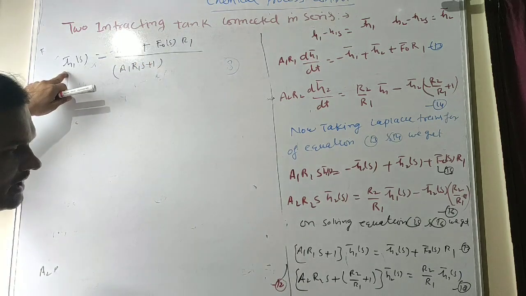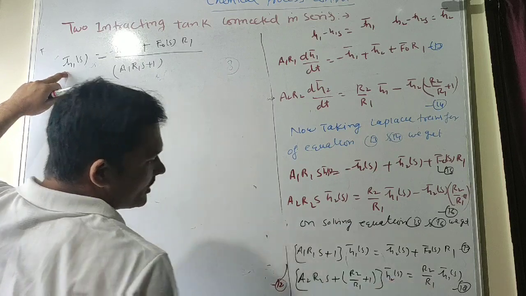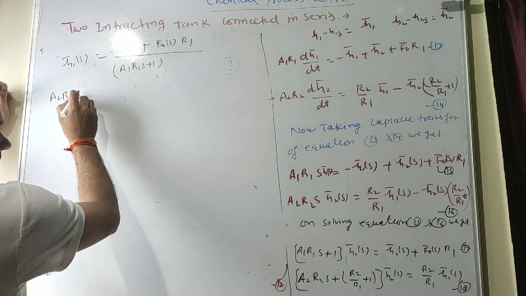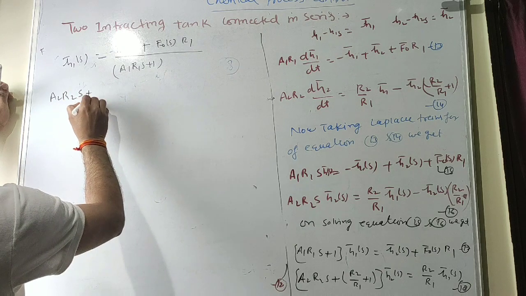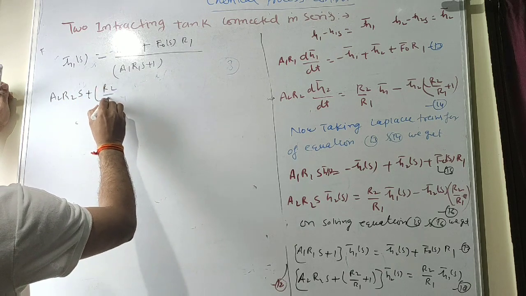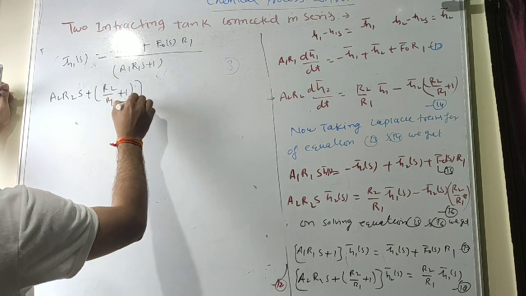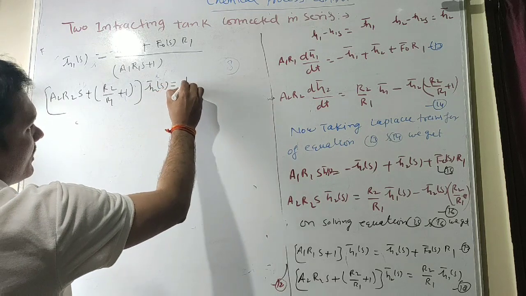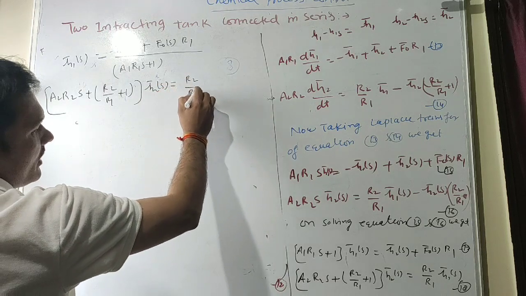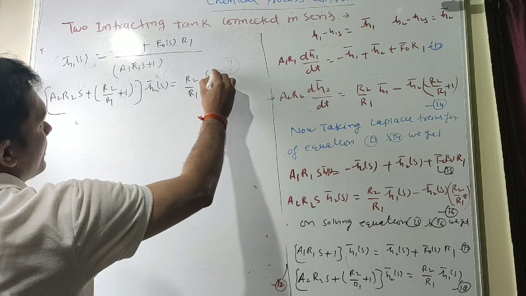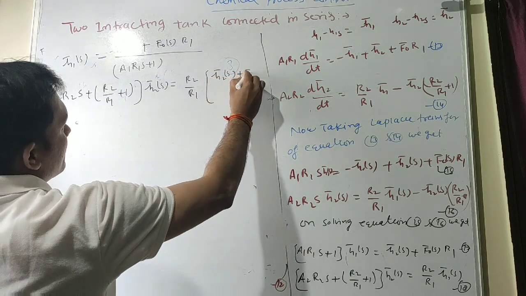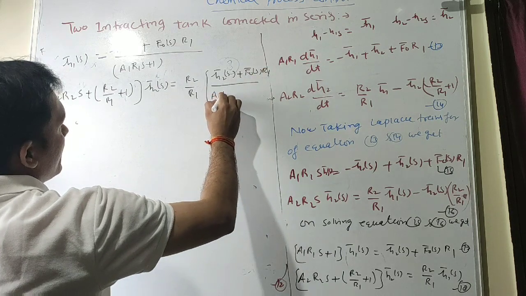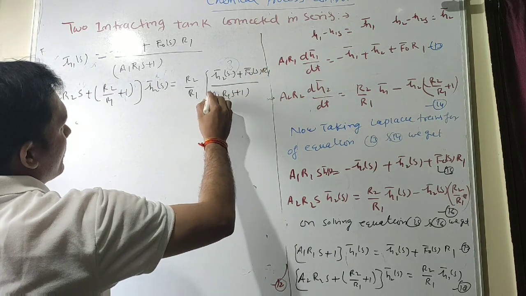So we put this h1 bar s in equation 18 to get the desired value, which is a2 r2 s plus 1 r2 upon r1 plus 1 h2 bar s equal to r2 upon r1 into h2 bar s plus f0 bar s into r1 divided by a1 r1 s plus 1.